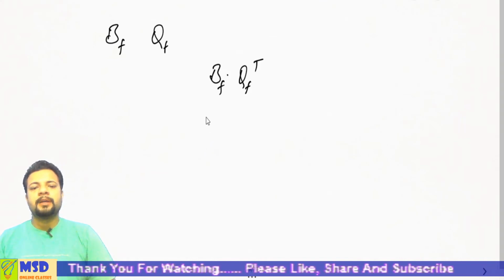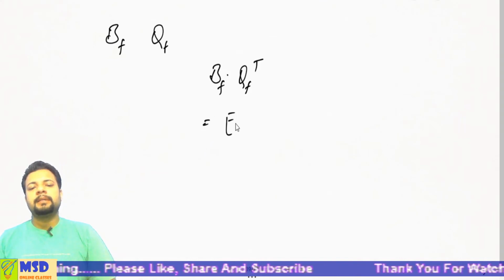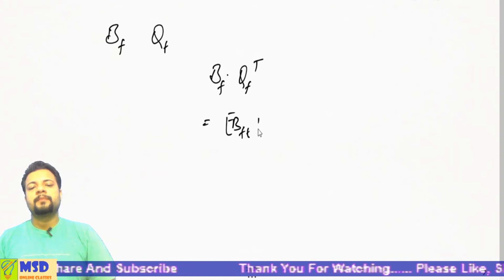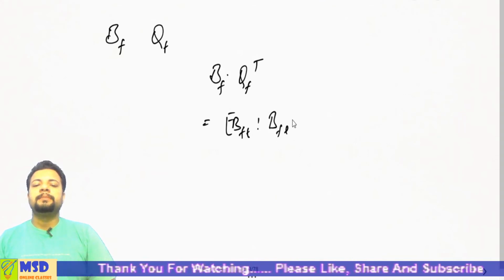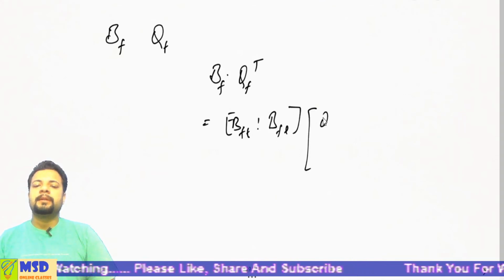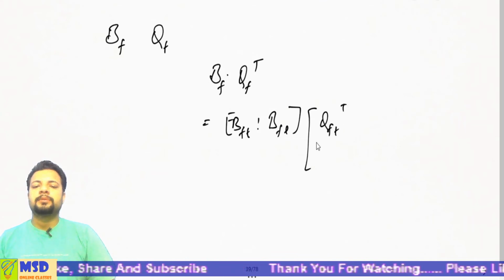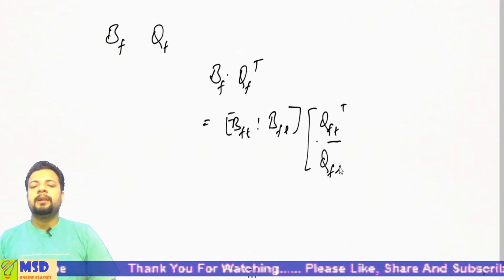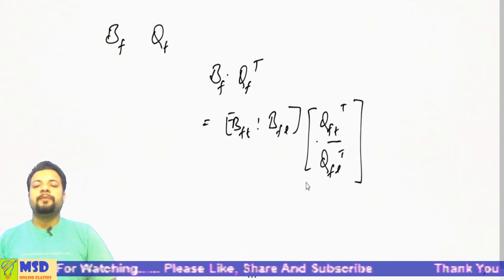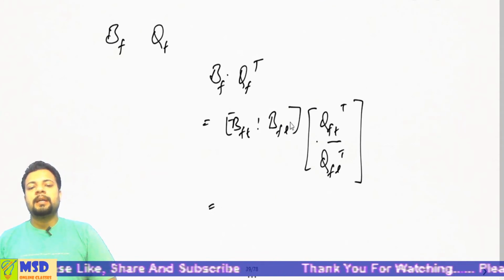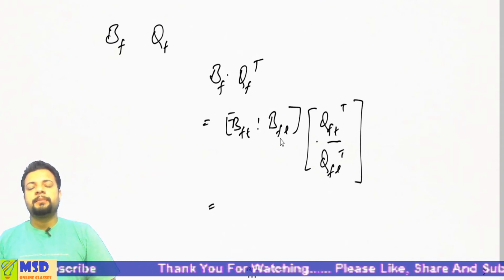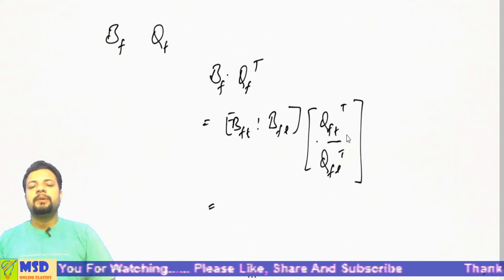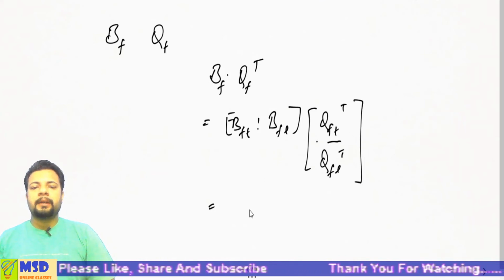In that case, the BF matrix can be written as BFT, BFL. Similarly, the QF matrix can be written as QFT, QFL, transposed. We have discussed earlier that BFL is an identity matrix and QFT again is an identity matrix.